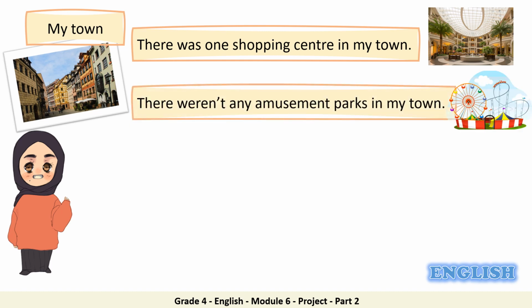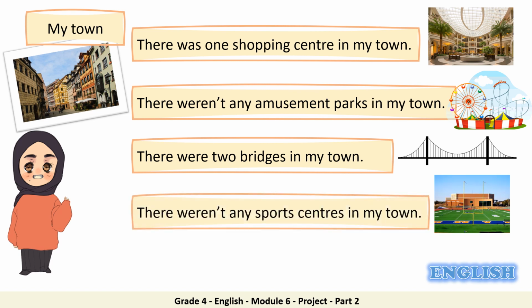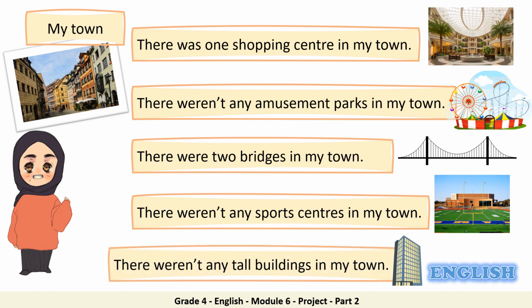There weren't any amusement parks in my town. There were 2 bridges in my town. There weren't any sports centers in my town. There weren't any tall buildings in my town.